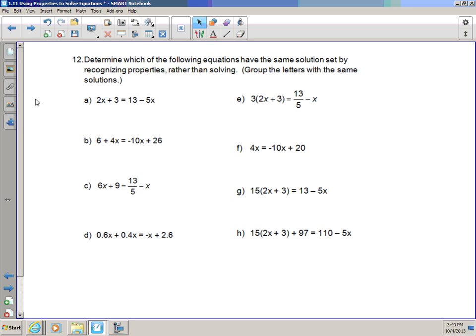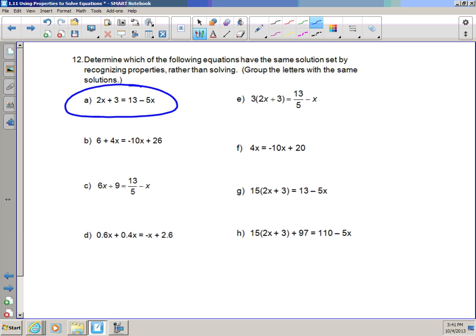All right, so let's finish up here. I have 8 equations, and I want to group them into 2 groups of 4 that are equivalent equations. And what are my groups of 4? Well, I'm going to circle or color code them.